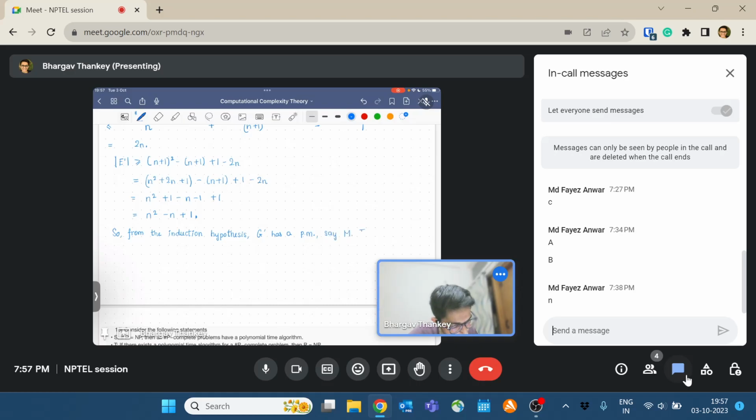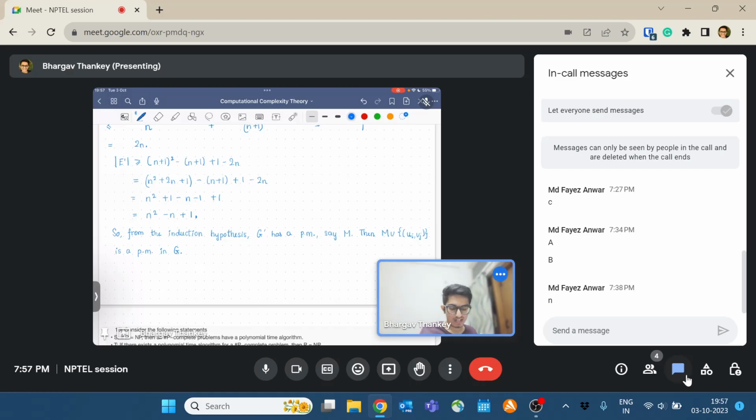And then M union, yeah. So just adding UI comma VJ to M would give us a perfect matching in G.